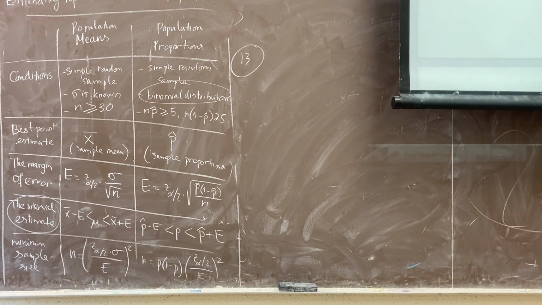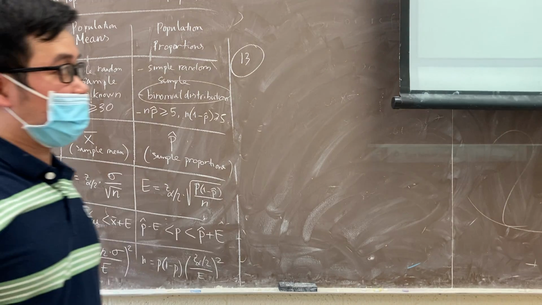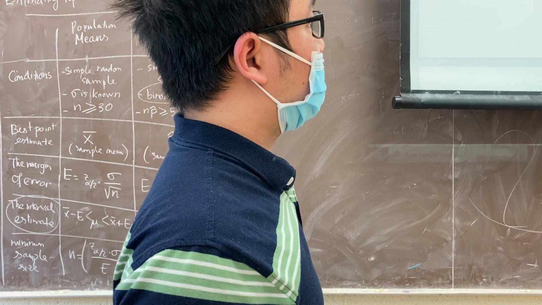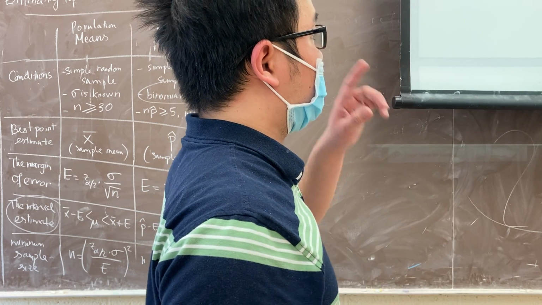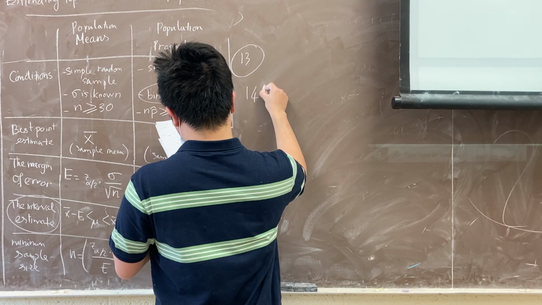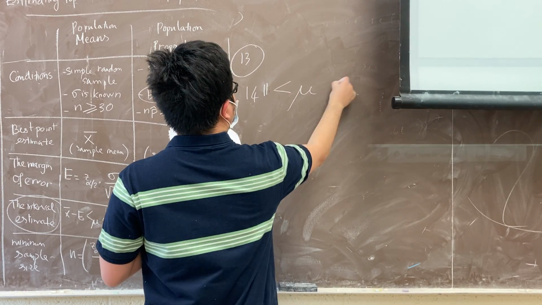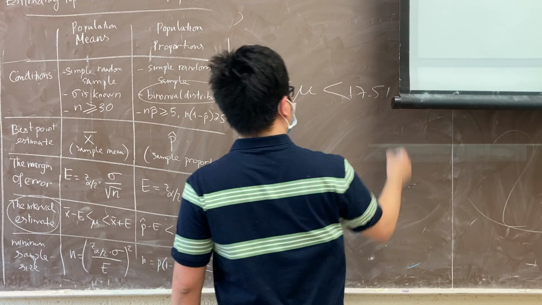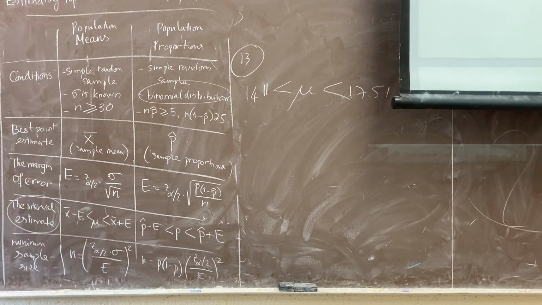In this question, they don't give you any margin of error. They don't give you any point estimate, but they ask you to find the margin of error, right? They give you the interval, less than mu, less than this value, and they ask you to find the margin of error, right?